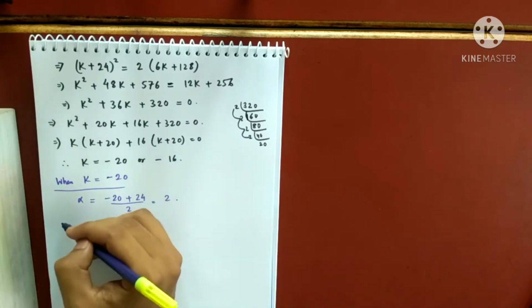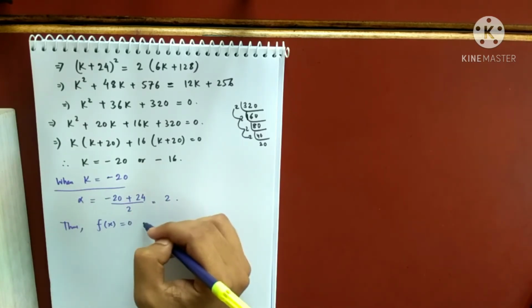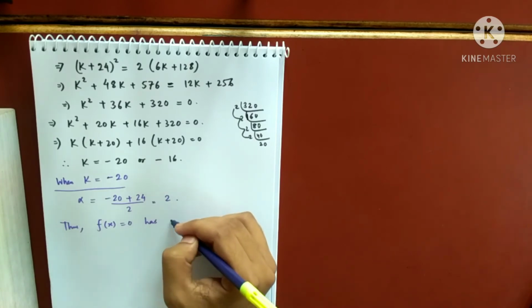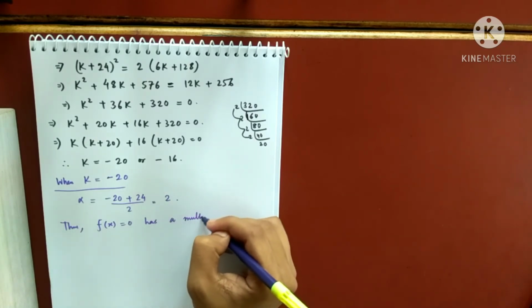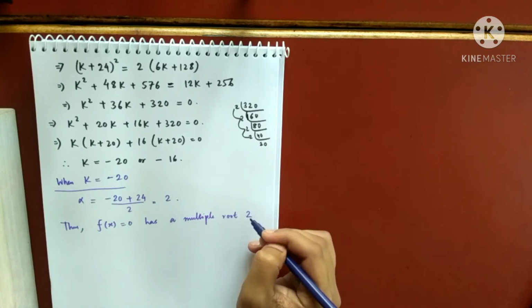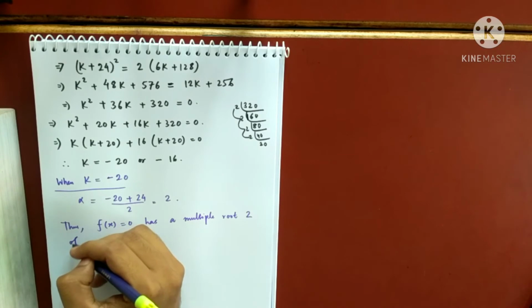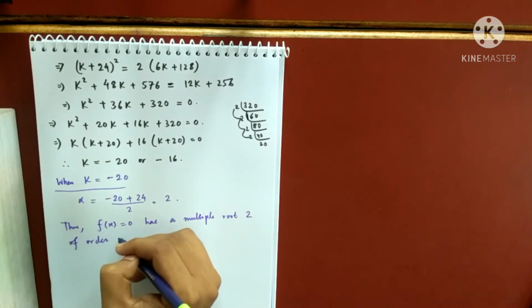So alpha is 2. Thus f(x) = 0 has a multiple root 2. And what is the order of this multiple root? 2. Because I have assumed that f(alpha) is 0 and f'(alpha) is 0. So it has a multiple root 2 of order 2.